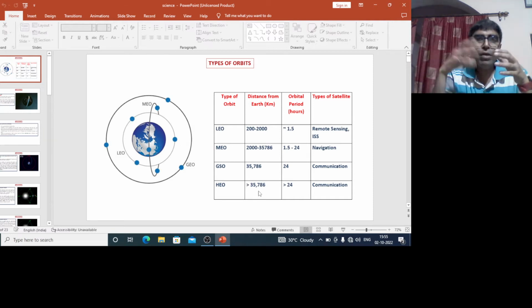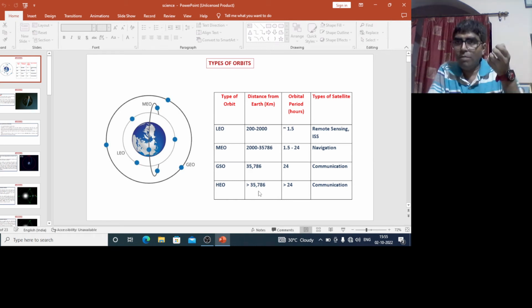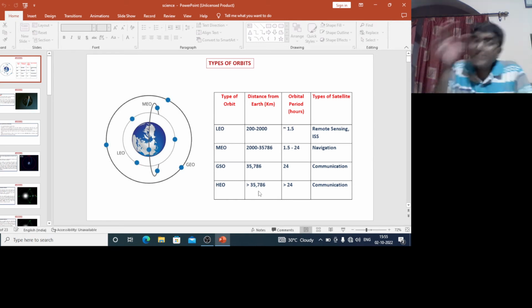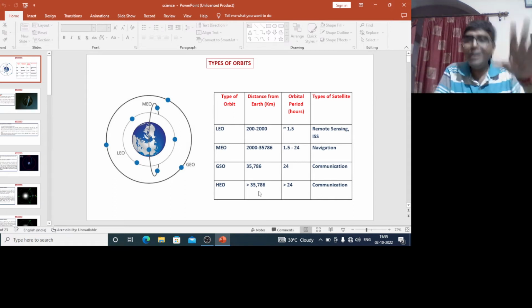The satellites are revolving in the orbit. The gravity pull acting on them is counterbalanced by the centripetal pull. So when both pulls are equal, the satellite remains in the orbit.